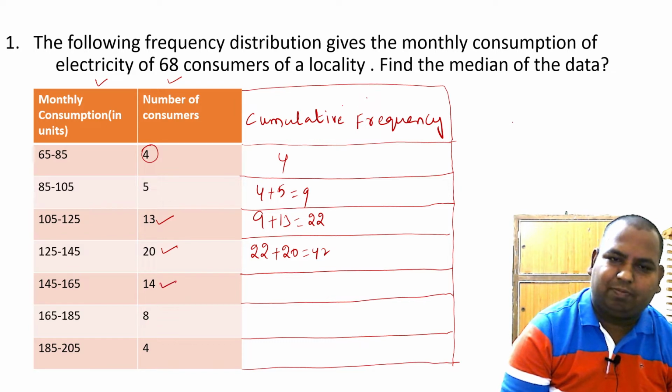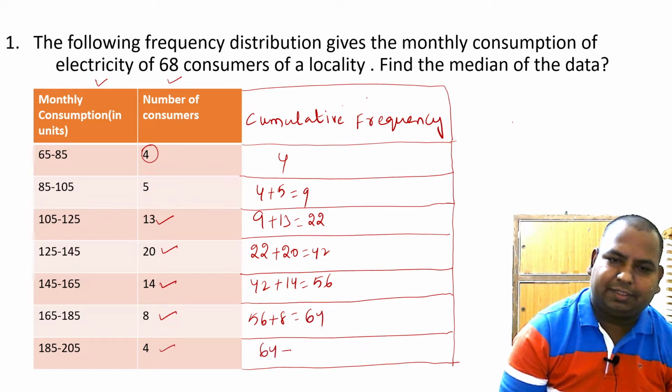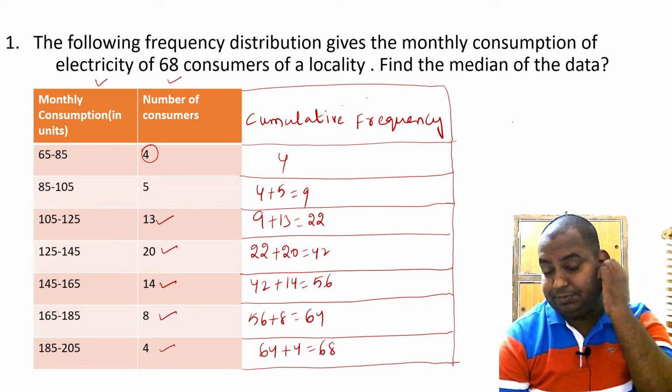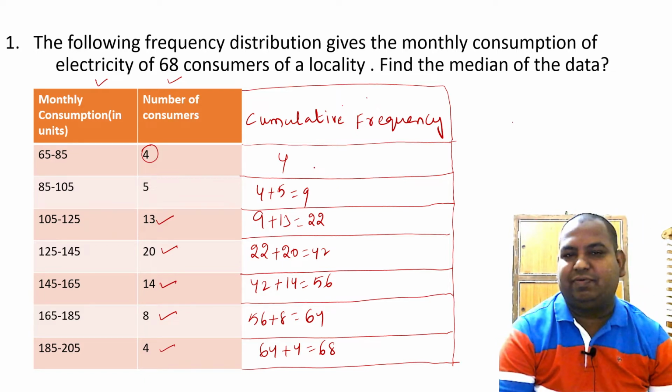Next 42 plus 14 equals 56. Next 56 plus 8 is 64, and 64 plus 4 is 68. Got it? So we found the cumulative frequency.